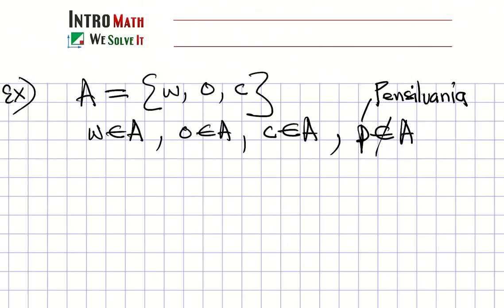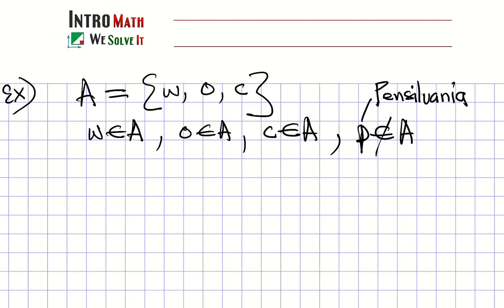The previous example can also be written like this in a still more compact, abstract form. You can say A is equal to {W, O, C}, and then you say W is an element of A, O is an element of A, C is an element of A, P is not an element of A. By P, I mean Pennsylvania.